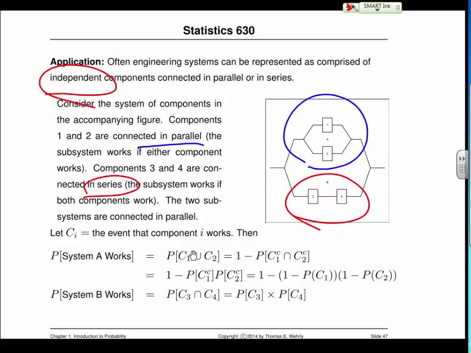Now, if C1 and C2 are independent, that implies C1 complement and C2 complement are independent. I can't remember if I gave you a homework problem proving that. If I didn't, you should be skeptical of that fact and go home and prove it to yourself tonight.